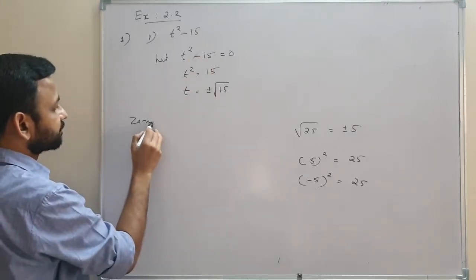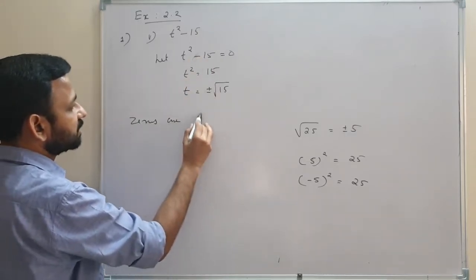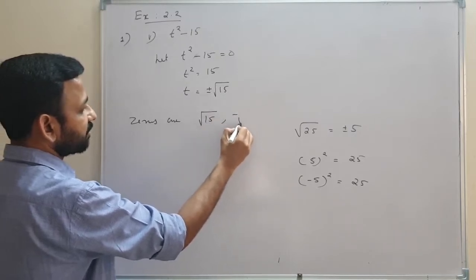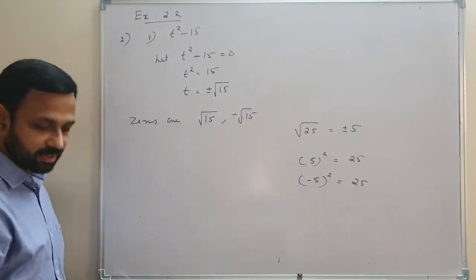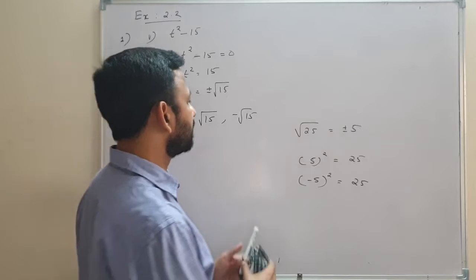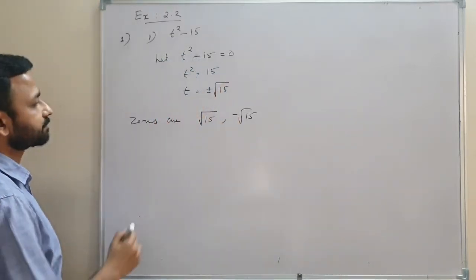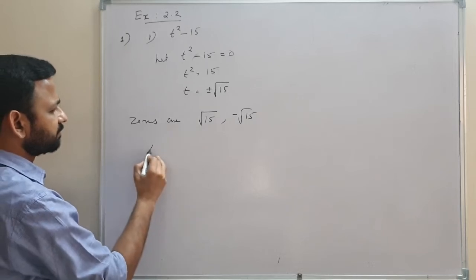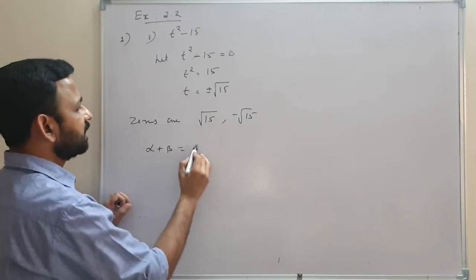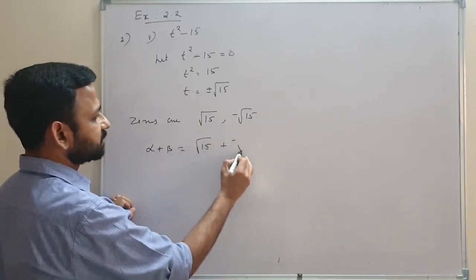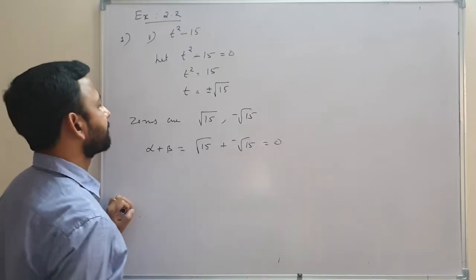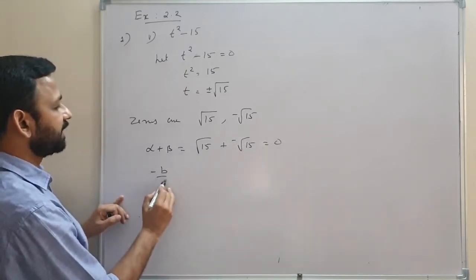Therefore the zeros are plus root 15 and minus root 15. So now we got two zeros, alpha and beta. Alpha is root 15 and beta is minus root 15. Now we can find the sum of the zeros, alpha plus beta, that is root 15 plus minus root 15, cancelled, 0. Then minus b by a.